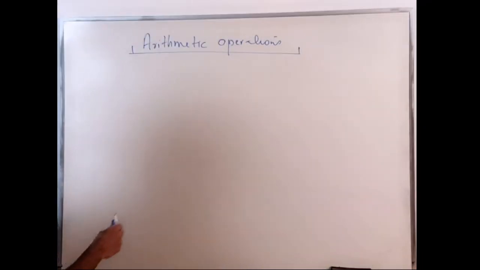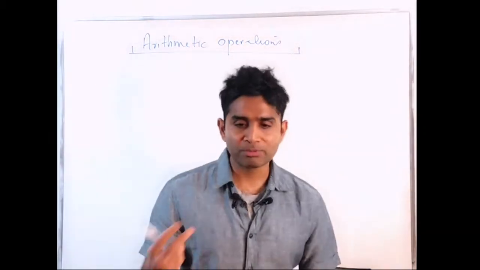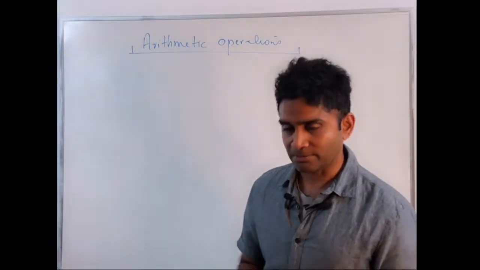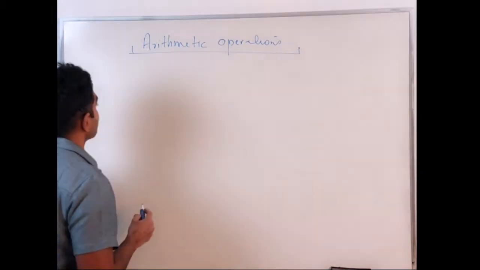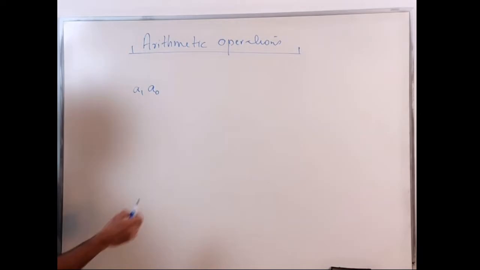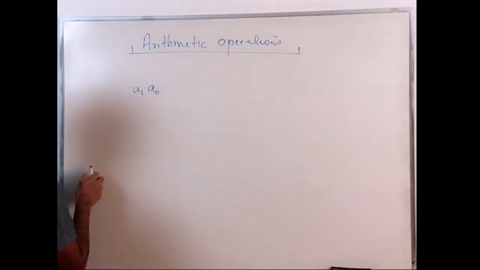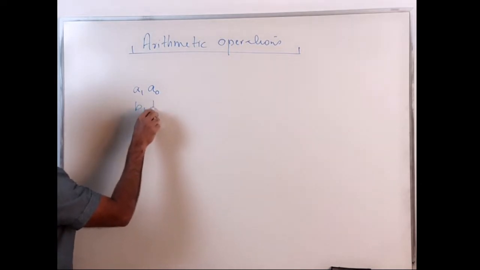Now let's say I want to design a 2-bit adder. That means now I'm talking about A1, A0, because now I'm talking about 2 binary bits for each number, right? And B1, B0.